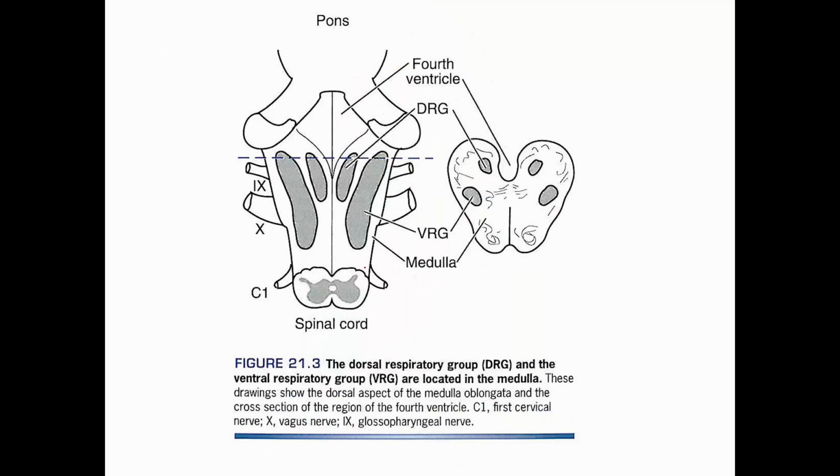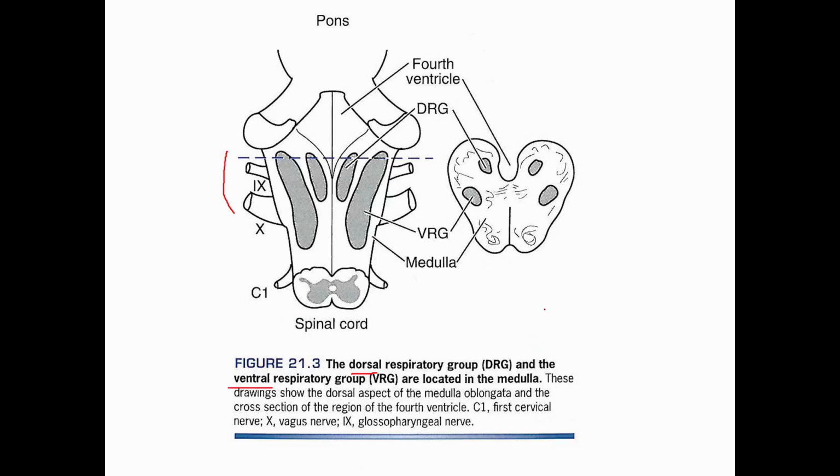So here shows the nuclei in the medulla. So there's a dorsal respiratory group and there's a ventral respiratory group, and we have some cranial nerves that are supplying sensory information, and then we have some cervical spinal nerves that are providing motor information.